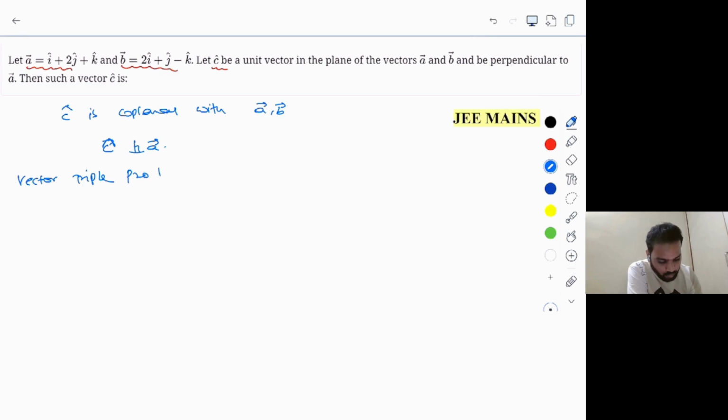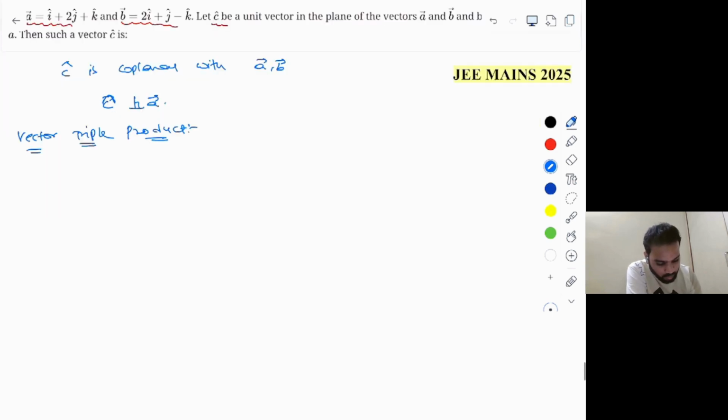So vector triple product is nothing but when we have a cross b cross c. a bar cross brackets of b cross c will be equal to a bar dot c bar multiplied by b bar minus a bar dot b bar multiplied by c bar.